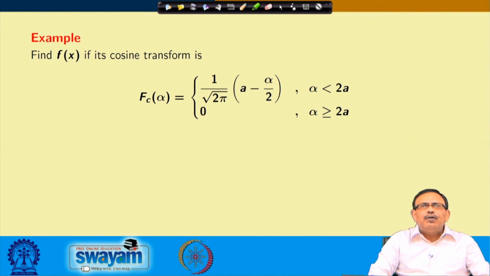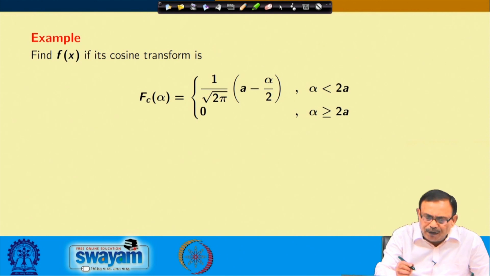Or in other sense, the Fourier cosine transform is there from 0 to 2a only. From 2a to infinity, the value of Fourier cosine transform of the given function f x is 0. So, using inverse Fourier cosine transform, we have to find out the value of f x.